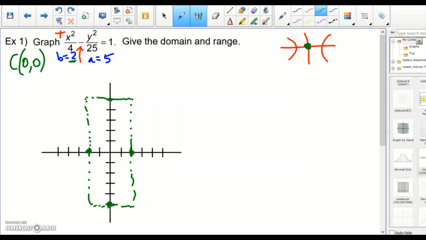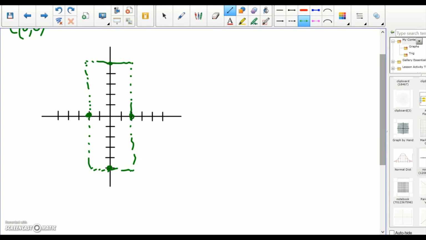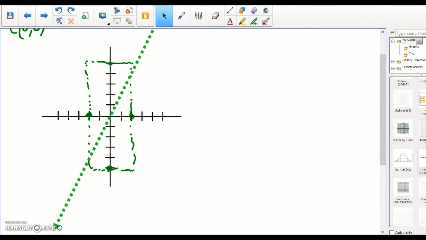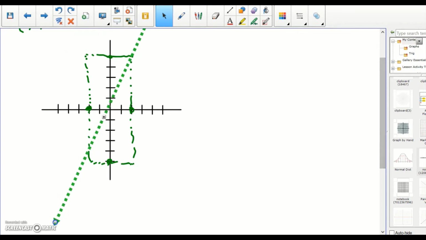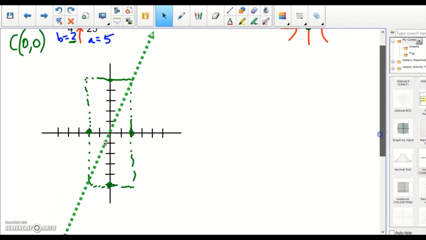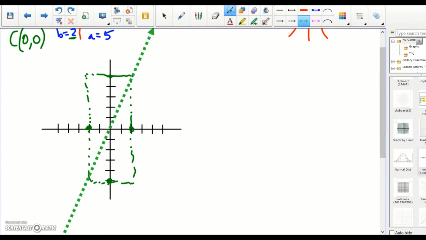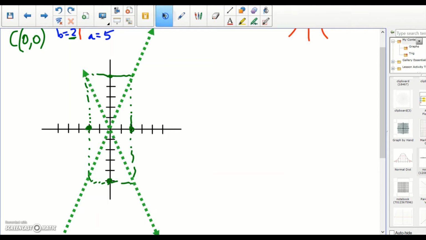So we've got that box, and then we've got to draw some asymptotes. The asymptotes are going to be from corner to opposite corner of the box. So it's going to look something like this. There's one, and there's the other.